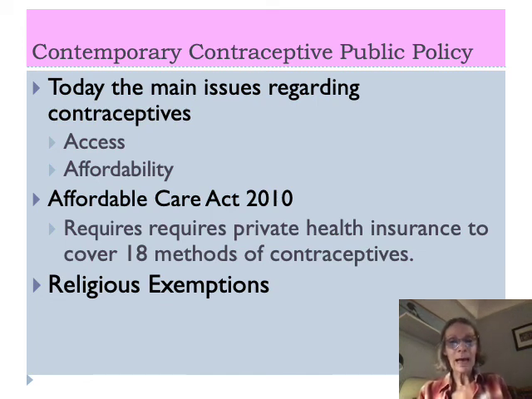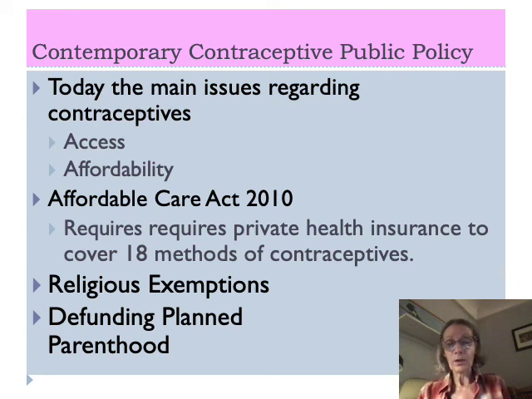So the famous Hobby Lobby case basically said that providing contraceptives to their employees was against their religious beliefs, so they should be exempt from the Affordable Care Act, and the Supreme Court actually did carve out a religious exemption for them. And also there's been a move to defund Planned Parenthood in the United States. Since Planned Parenthood is one of the biggest providers of contraceptives, if we defund Planned Parenthood, then that has an implication for access to contraceptives.